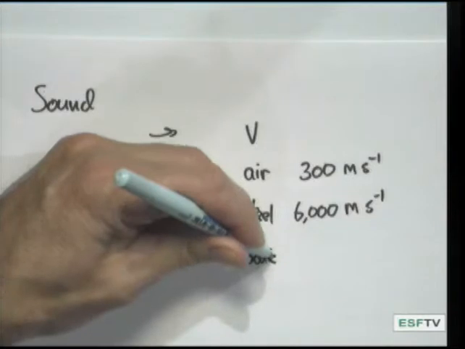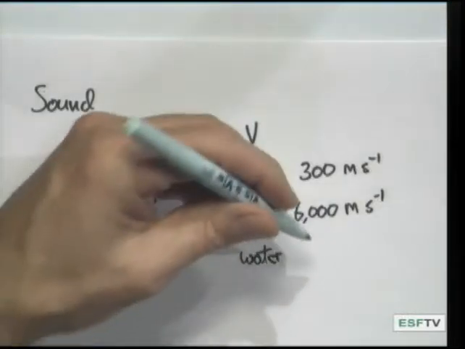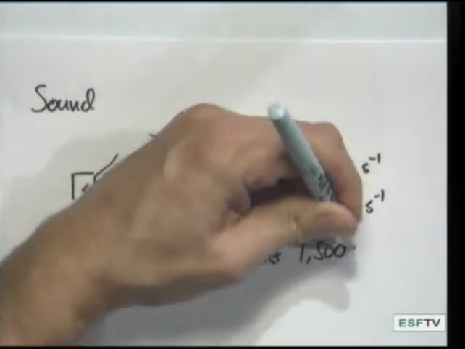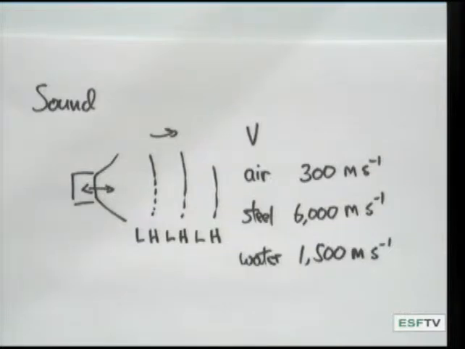And of course, sound can propagate in water as well, and water is a bit less of an elastic medium than steel, but more elastic than air. The speed of sound in water is on the order of about 1,500 meters per second.